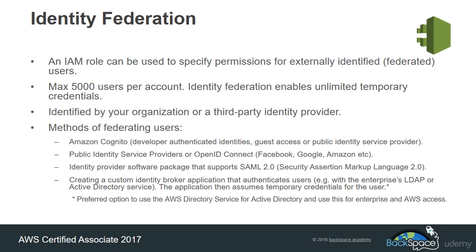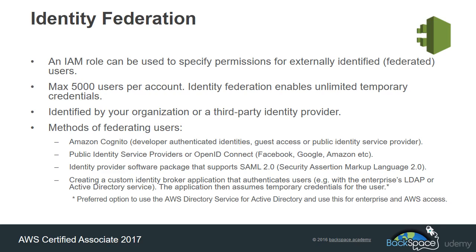Where this is important, we have a maximum of 5,000 IAM users per account. So if we have an organization that has more than 5,000 users, we have a problem. If we have a web application that has 5 million users, we have a problem. So identity federation enables us to create an unlimited amount of temporary credentials for users to access our AWS account.